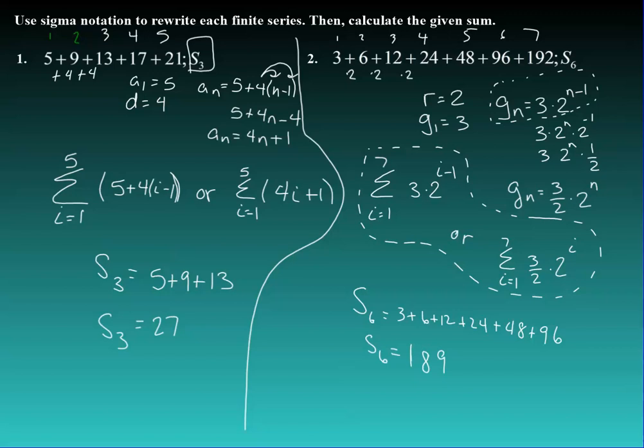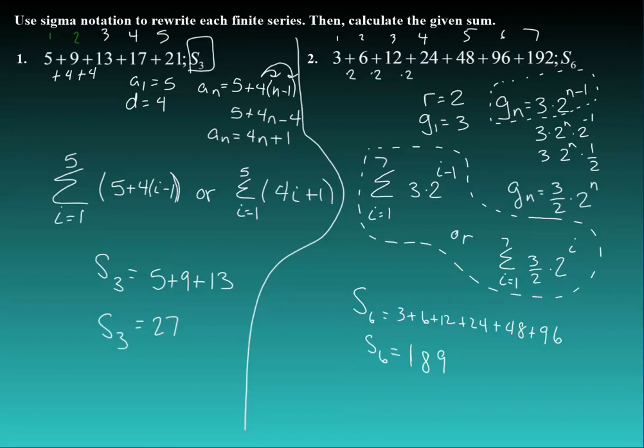You don't have to do that. And so then you either have this sigma with i equals 1 on the bottom and 7 on top, and then 3 times 2 to the i minus 1, or you have 3 halves times 2 to the i.